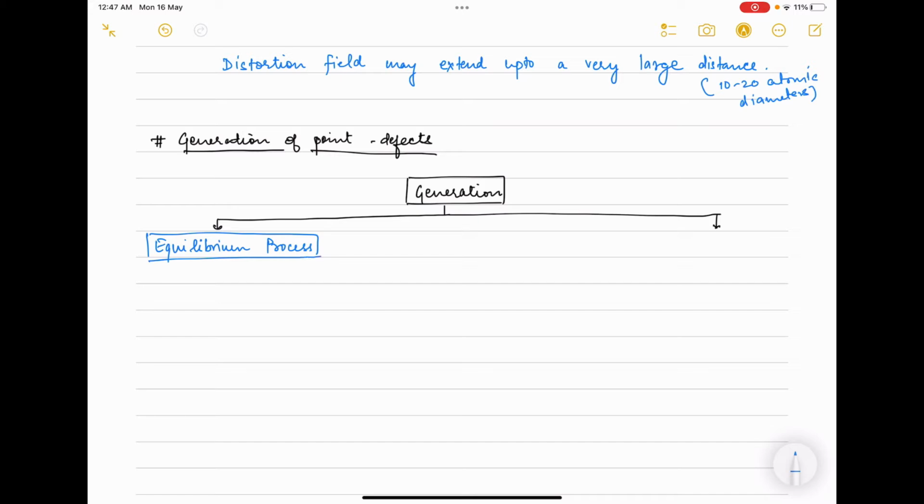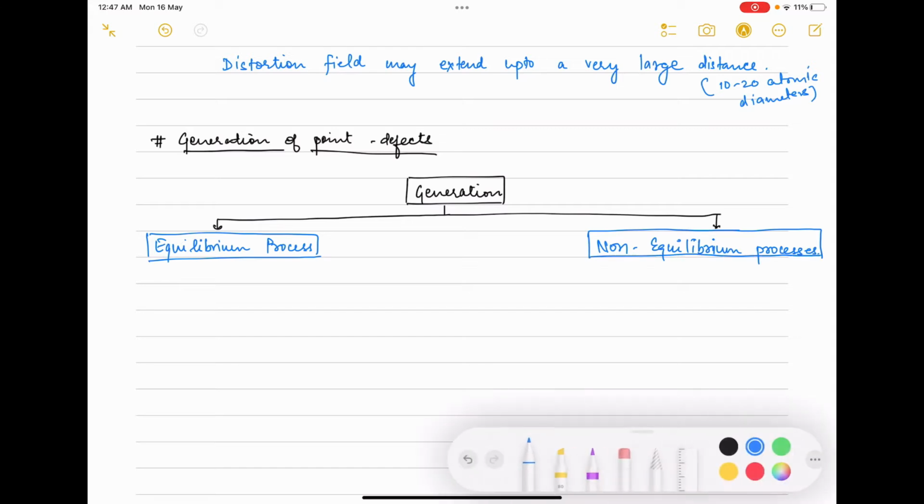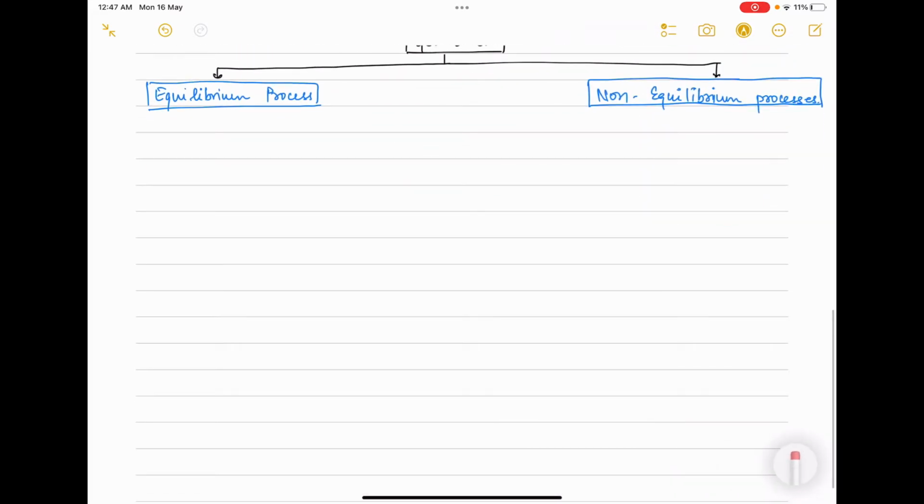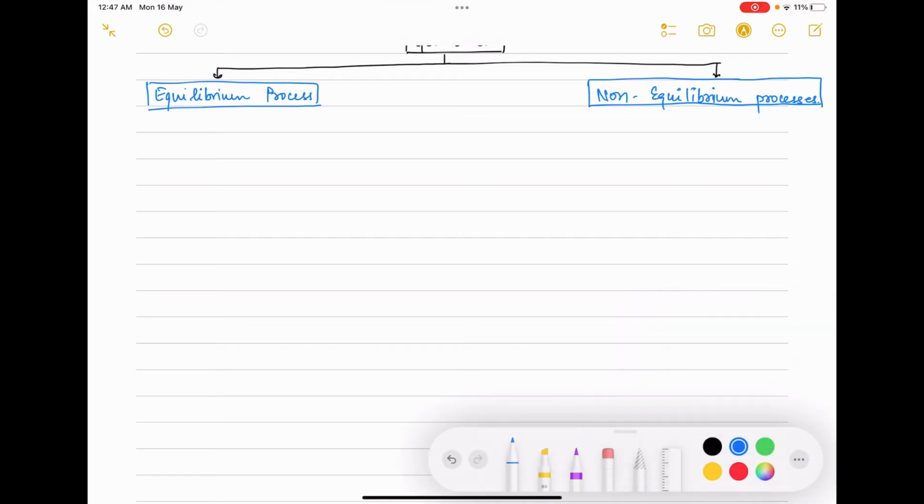Another is non-equilibrium processes. Okay, so now within this there are multiple other processes. So let us see the equilibrium process first, that is slow heating.